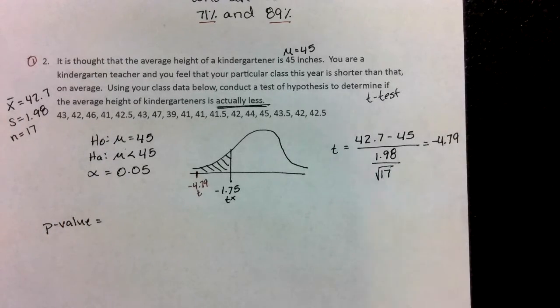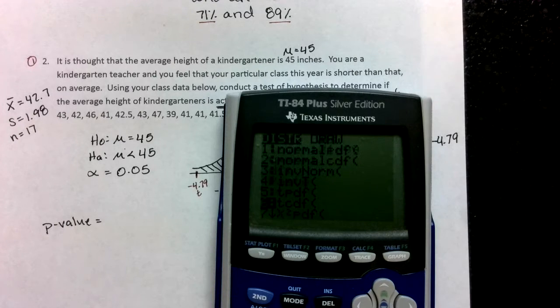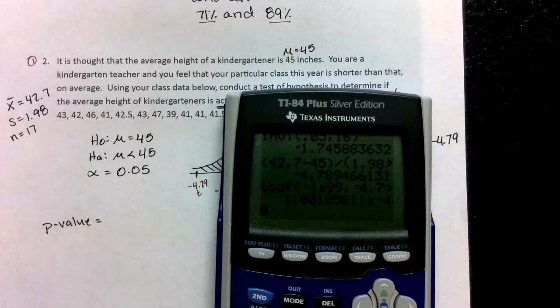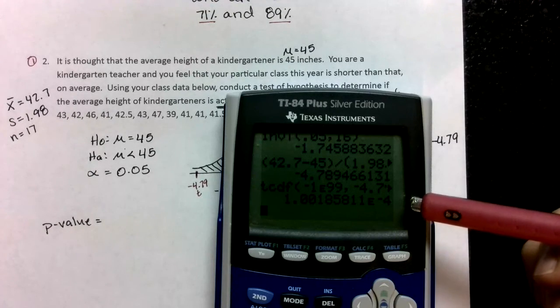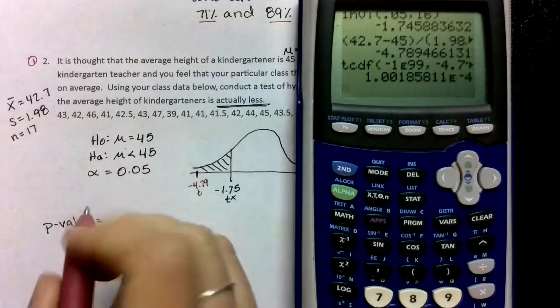So according to my formula sheet, to do my p-value, I have to do TCDF, negative infinity to negative 4.79. Degrees of freedom was 16. So I get 1.001 times 10 to the negative fourth.